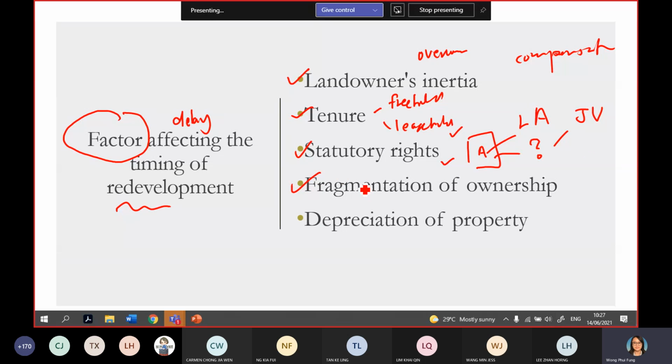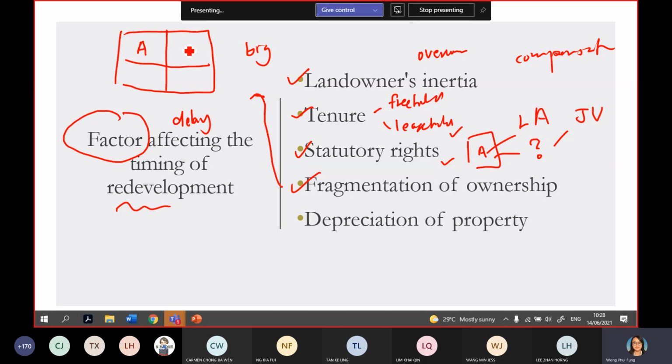Fragmentation of ownership means that this one will be more applicable for a very big development, a big piece of land. Normally a very big piece of land is actually divided into A, B, C, D, belonging to different landowners. Say for example, Jasper here, Joey here, Pauline here, Charles here.